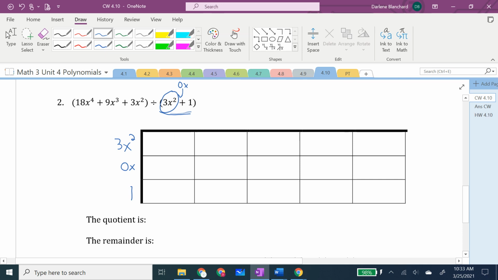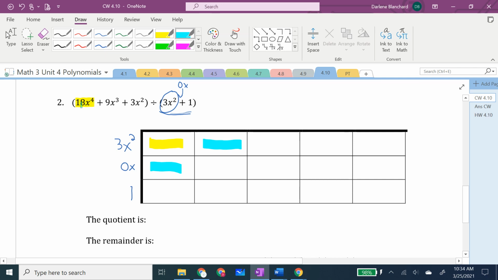If I account for each degree of the divisor, then I'm going to be working with this as just the leading term. The diagonal underneath that is going to be the next degree down.